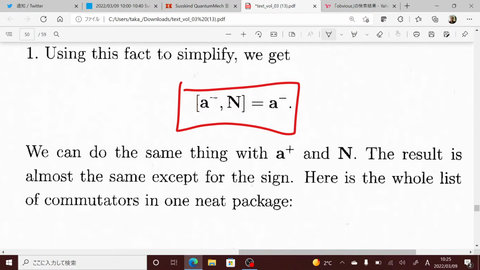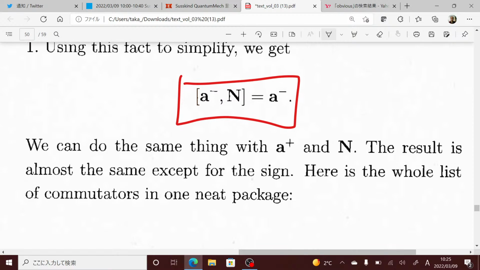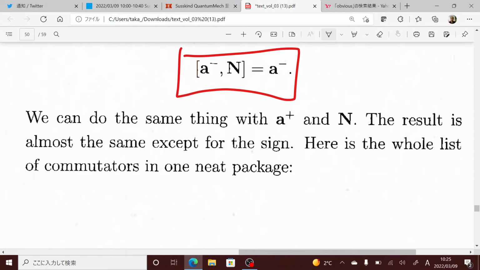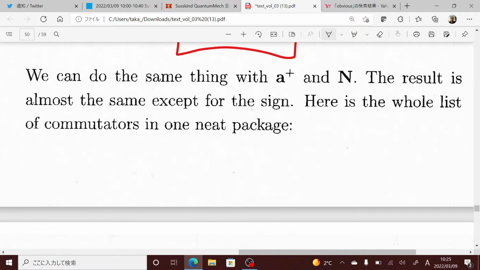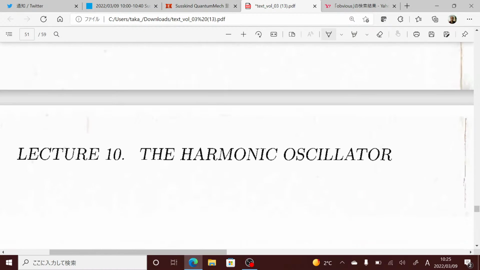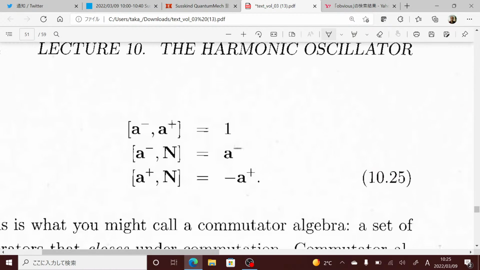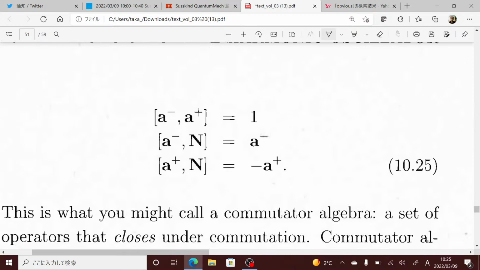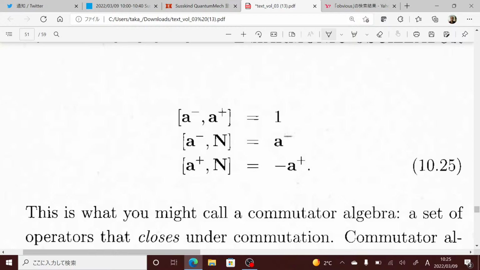We can do the same thing with a plus and n. The result is almost the same except for the sign. Here is the whole list of commutators in one neat package. The commutator of a minus and a plus is 1.